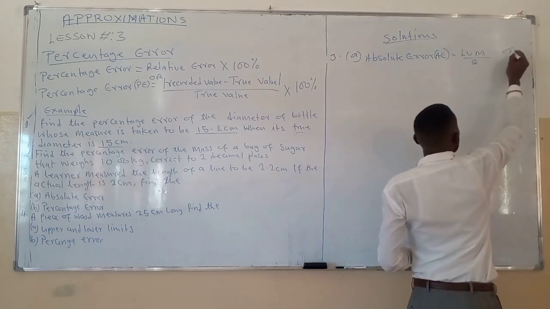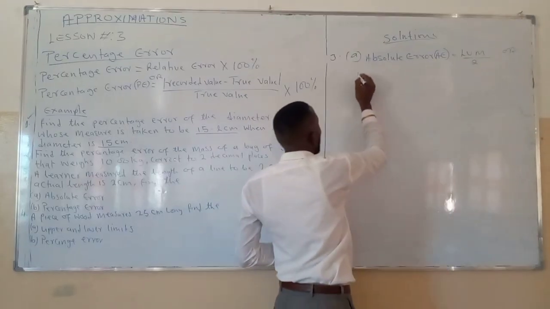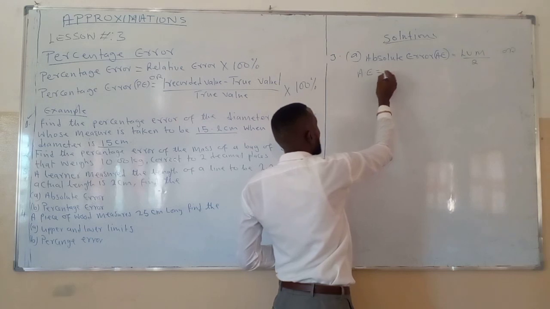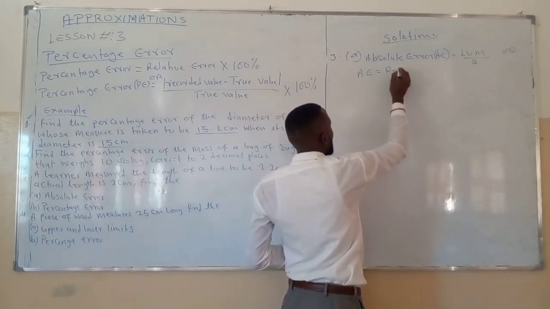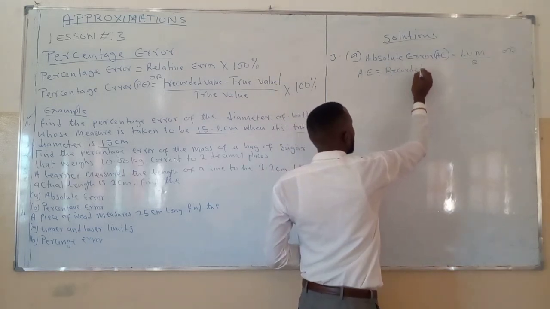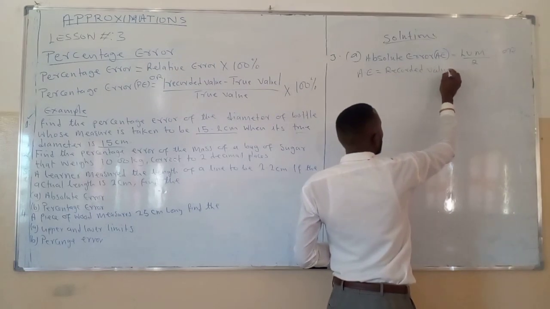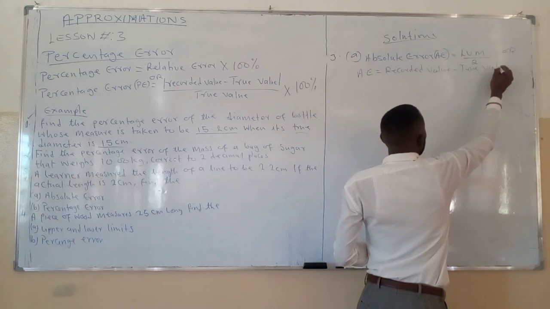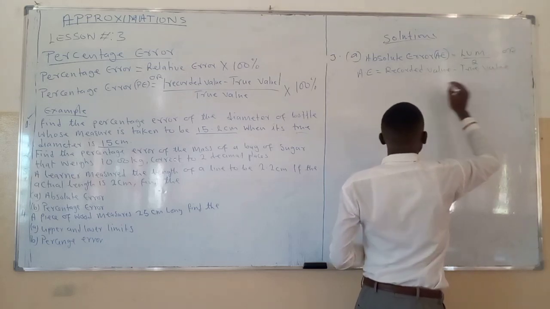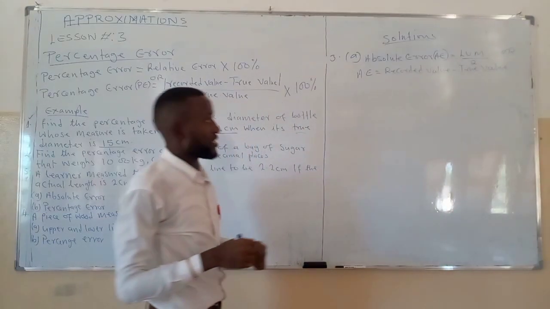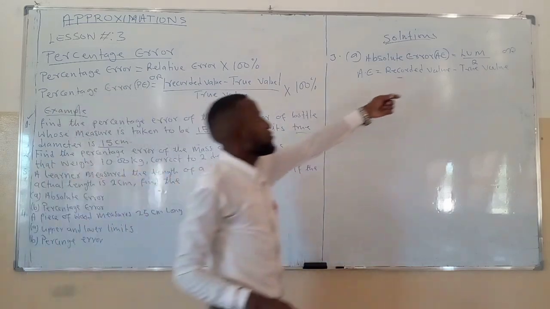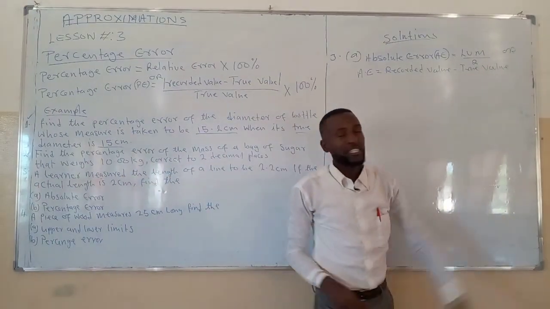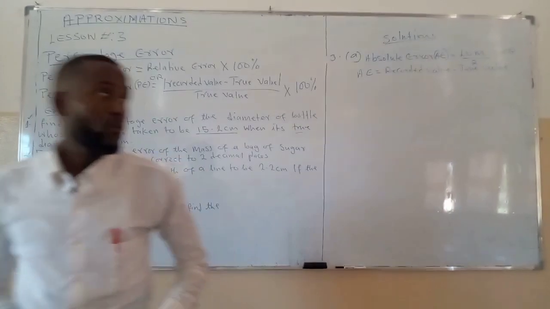Or alternatively, you can say absolute error is equal to recorded value minus true value. You choose which one is good for you. Remember, LAM simply stands for least unit of measurement divided by 2.